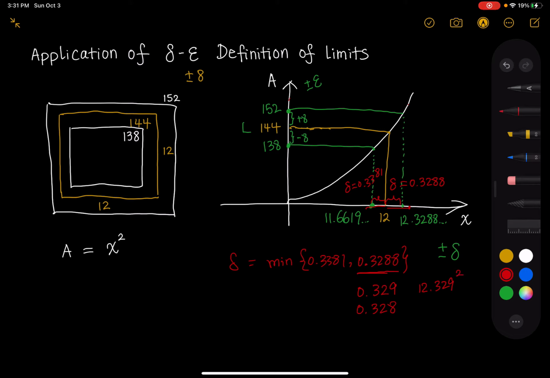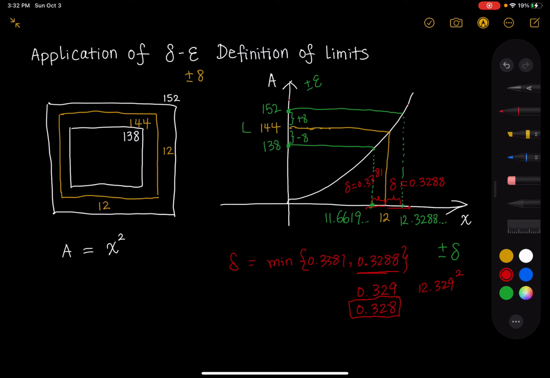You go to your calculator, you do 12.329 squared. You realize it's a little bit more than 152. So in that sense, you really are supposed to put down this number if you need to round. But if you put the 4 digits, it should be fine. As long as it's less than 152, then it is acceptable.